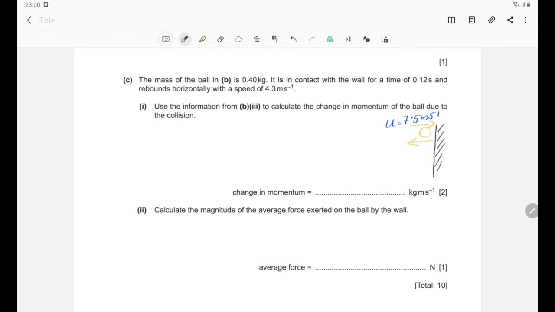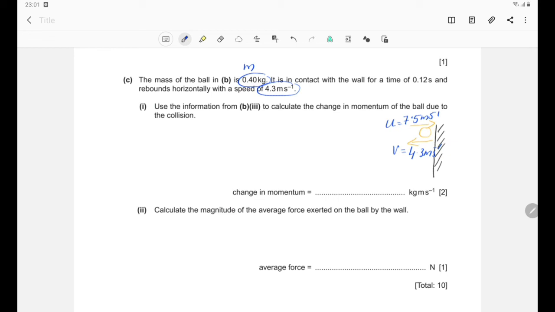And in this question, the velocity of the ball after it rebounds is also given. That means the velocity after rebounding, we can represent as V, 4.3 meters per second. The mass of the ball is also given, that is 0.40 kilogram.